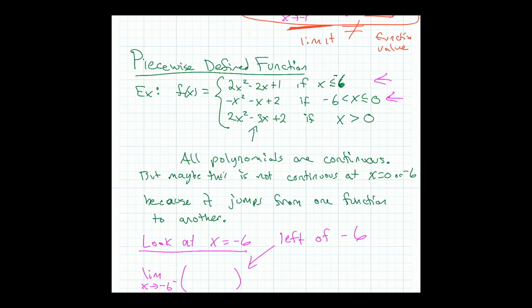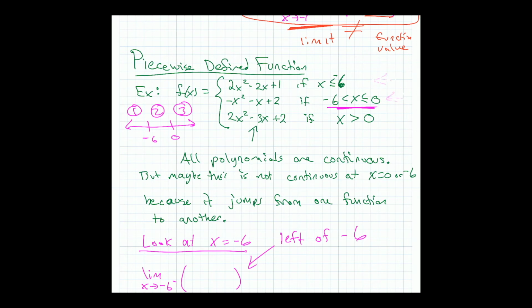Well, the second piece is between negative 6 and 0. That's actually to the right of negative 6 on the number line. The number line looks like this. So you've got basically these three pieces. The first piece is here, the second piece is here, and the third piece is here.